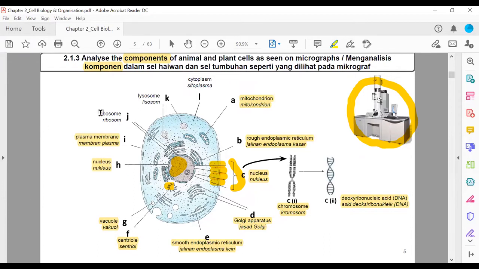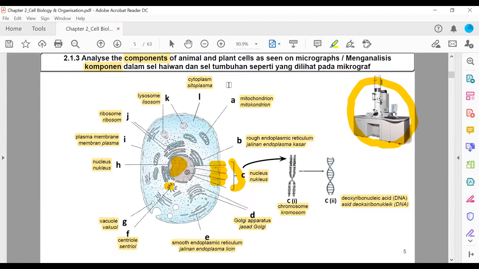Then we have J, something called ribosome, K, lysosome, alright. Dan N adalah cytoplasm, cytoplasma. So these are the organelles ataupun cellular component ataupun komponen-komponen sel yang dijumpai di dalam animal cell.